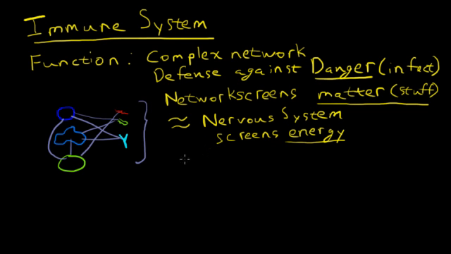So, to do its job, the immune system has to evaluate each and every molecule that it possibly can, which is an incredible job because there are trillions of cells in your body, each with trillions of molecules, if not more, inside and trillions more molecules outside.